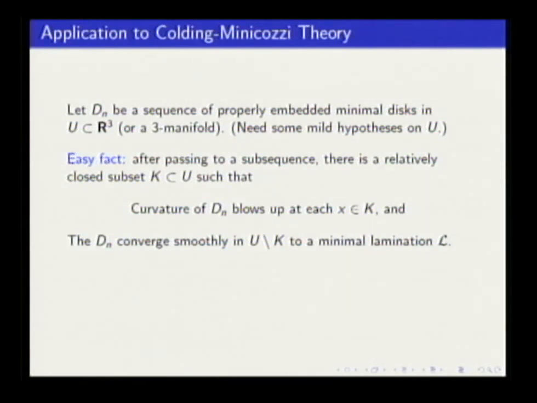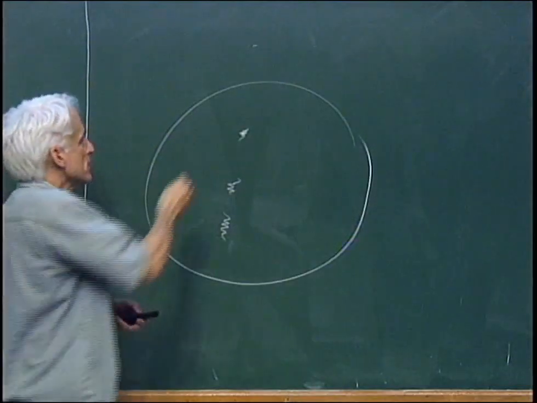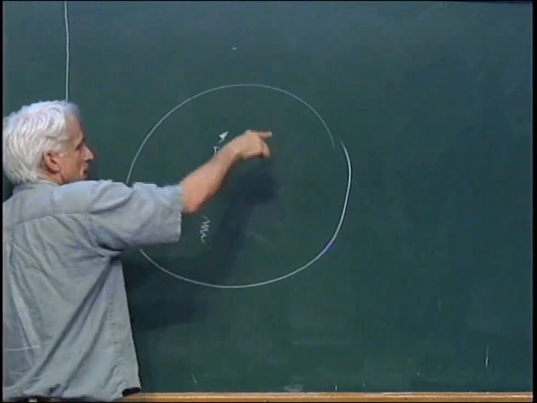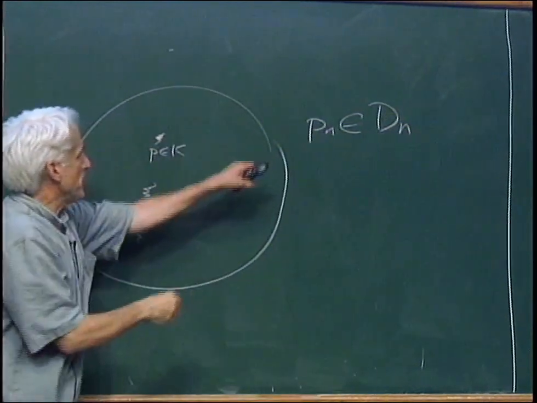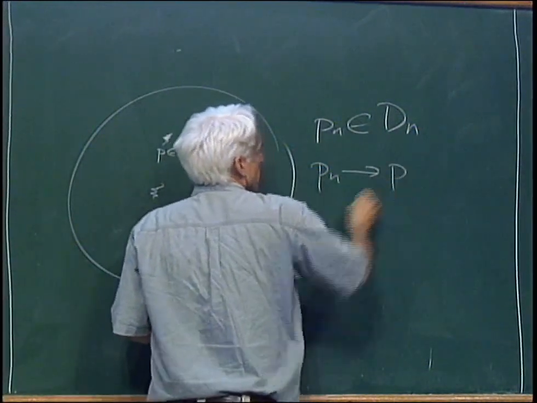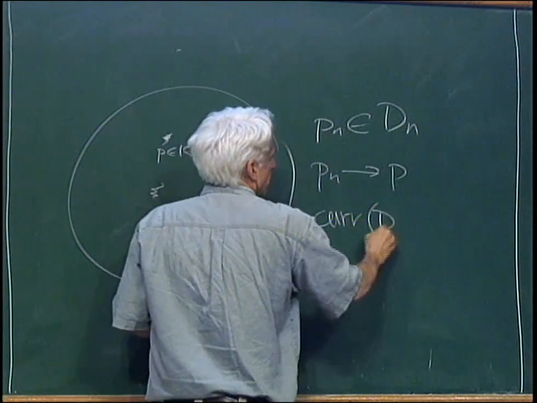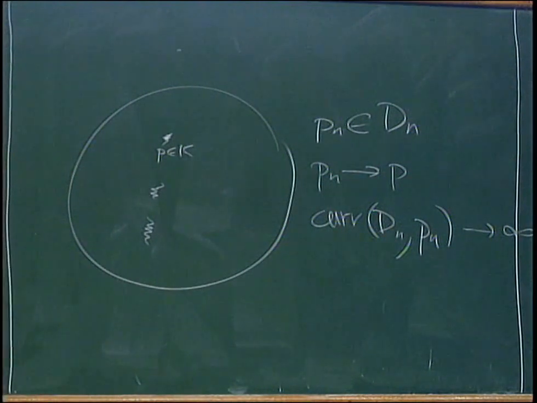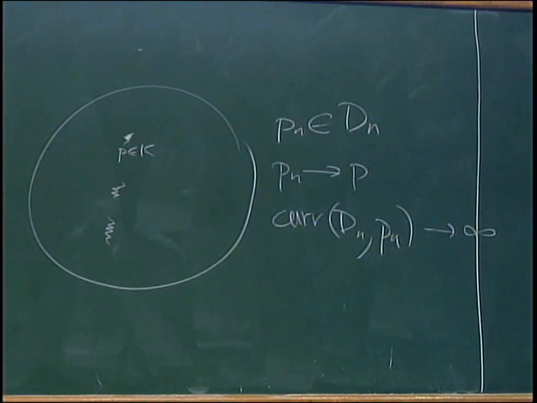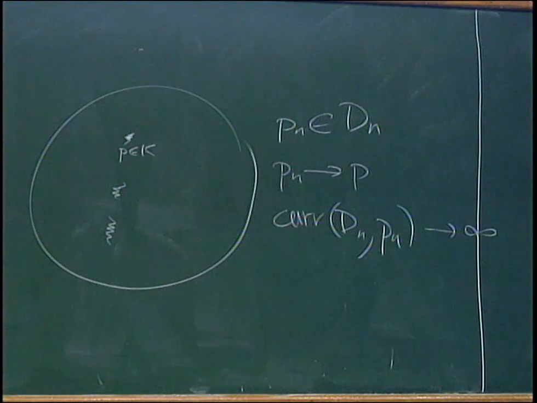So you have the U, and you have this closed set, and the surfaces are getting really bad near the closed set. That means for each point P in this blow-up set, there's a point Pn in the disk such that Pn goes to P, and the curvature of the disk at the point Pn is going to infinity. So the curvature blows up on this set K, but away from K, it's very well behaved. It converges to a smooth minimal lamination.